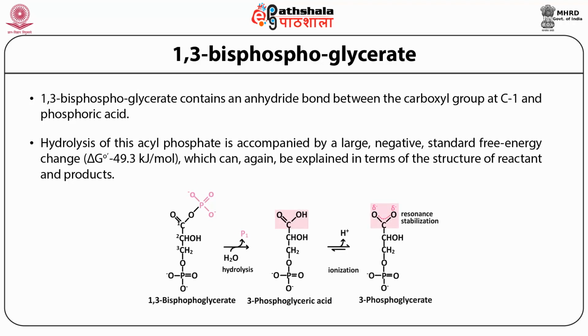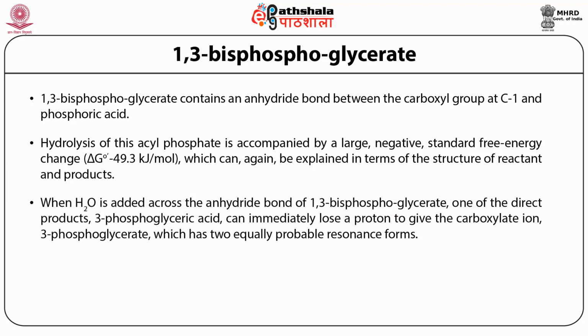What happens in this reaction is that when H2O is added across the anhydride bond of 1,3-bisphosphoglycerate, inorganic phosphate is released and it produces 3-phosphoglyceric acid, which immediately loses a proton from its carboxylic group and produces 3-phosphoglycerate.